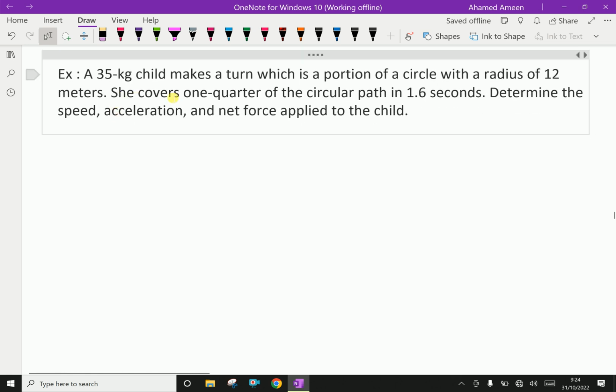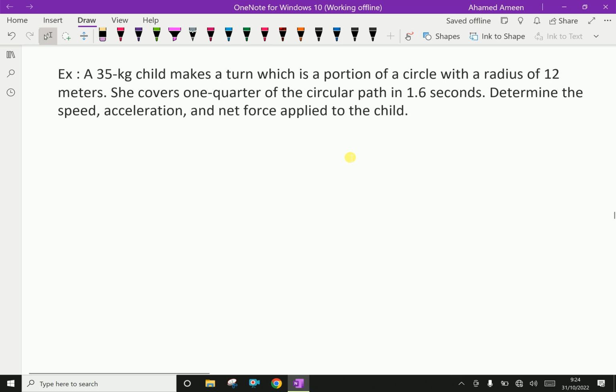A 35 kg child makes a turn which is a portion of a circle with a radius of 12 meter. She covers 1/4 of the circular path in 1.6 seconds. Determine the speed, acceleration and net force applied to the child.